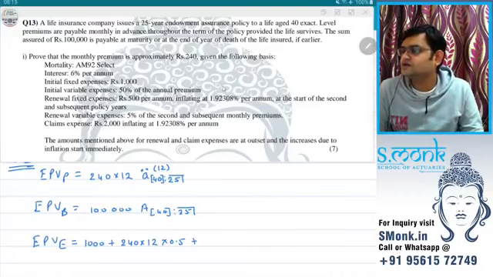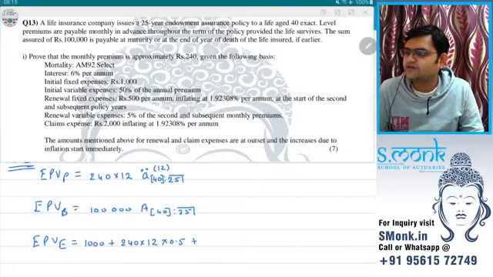Renewal fixed expense, we have 500 per annum inflating at 1.2308 per annum at the start of the second year and subsequent policy years. And the renewal variable expense is 5% of the second and the subsequent monthly premium.